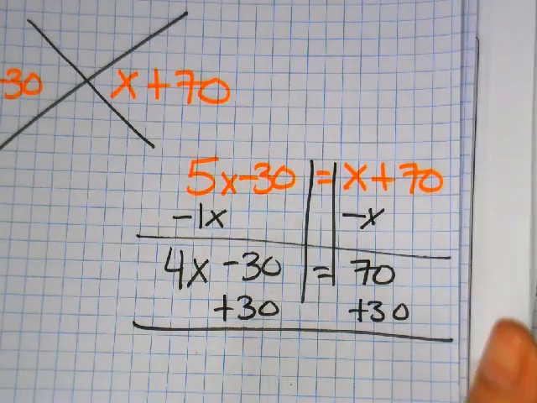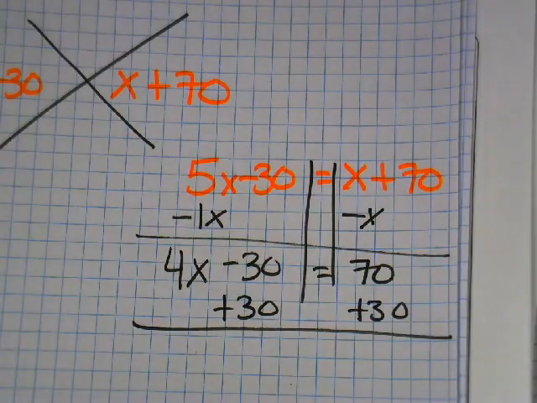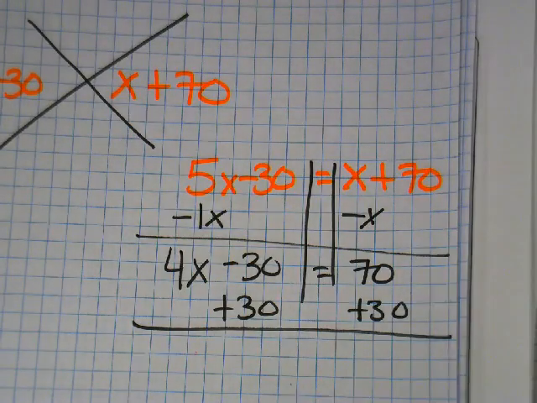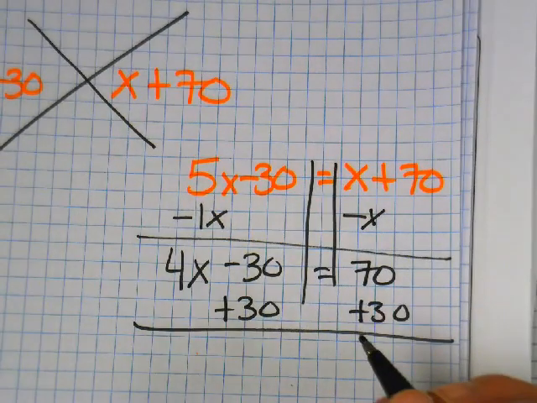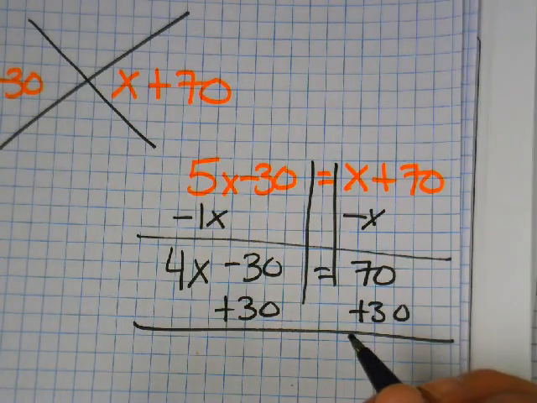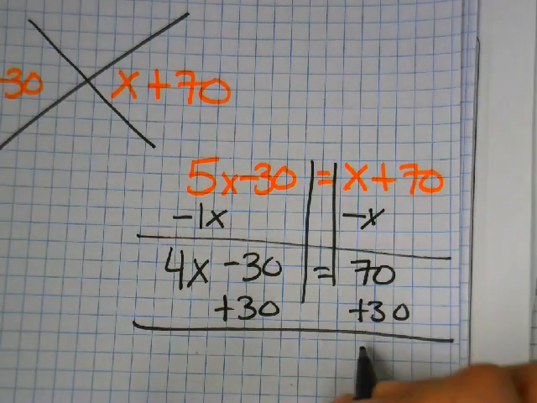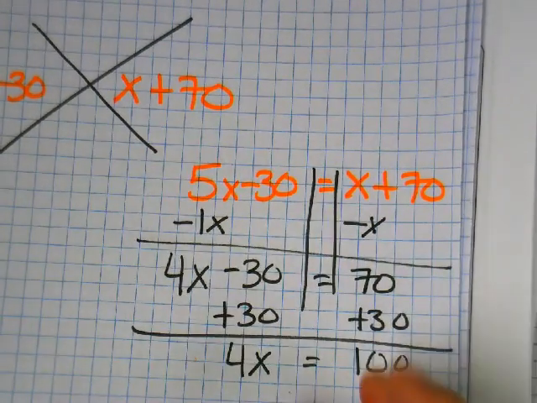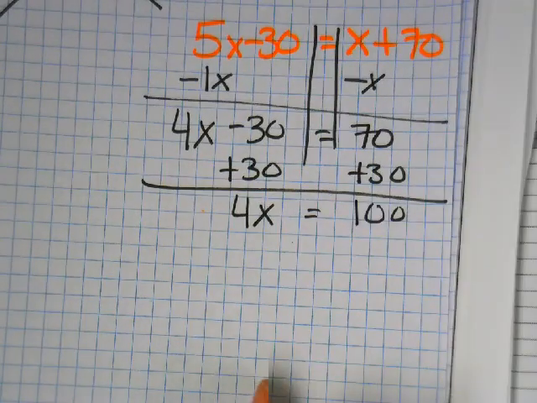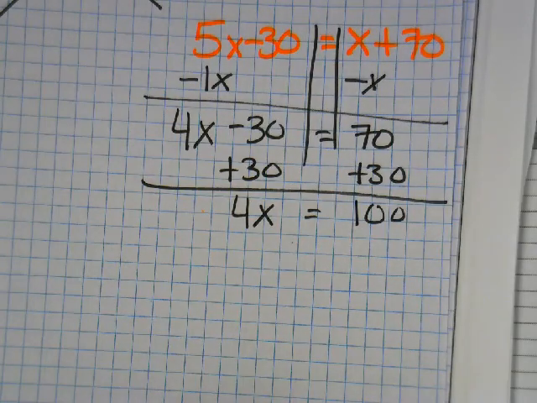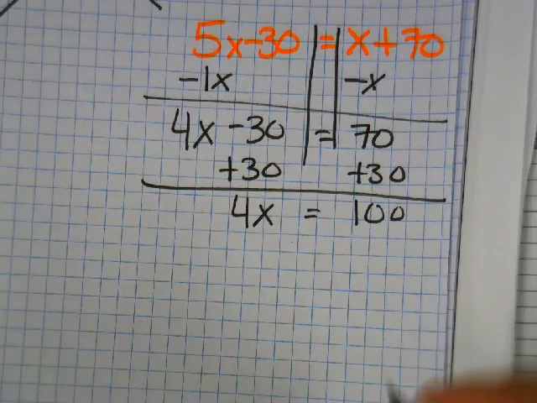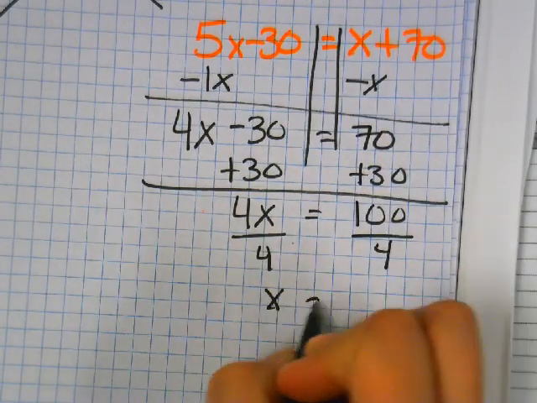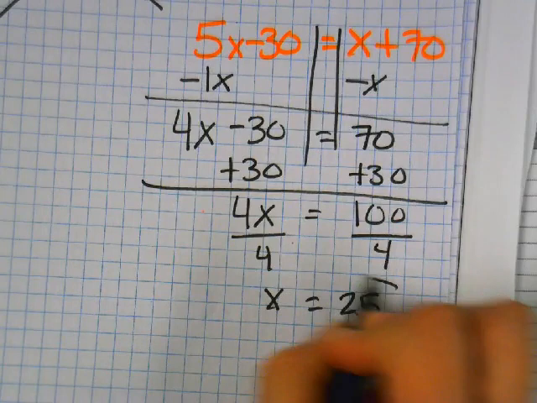What is 70 plus 30? What's 70 plus 30? Nope. What's 70 plus 30? Okay, what's my last step? And what is x equal to? Very good.